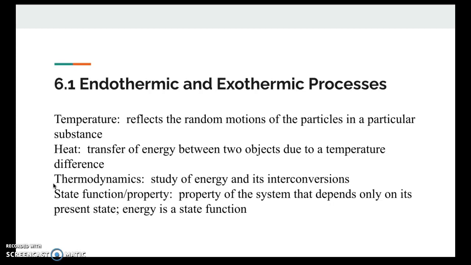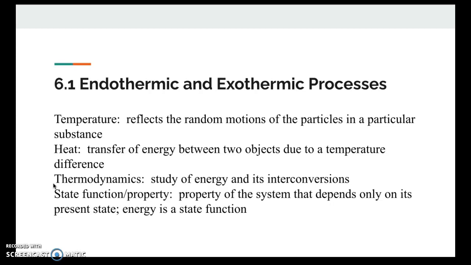So the next thing, state functions. A state function is a property of a system that depends only on its present state. Energy, which we're talking about a lot in this unit, is a state function. There's a couple things you want to write down about state functions. One thing you want to jot down is that the pathway doesn't matter.